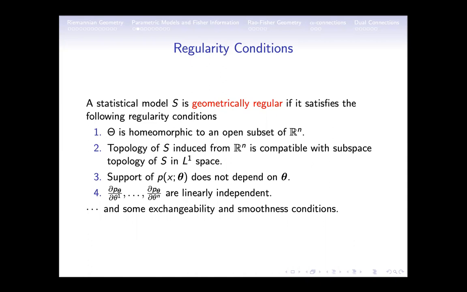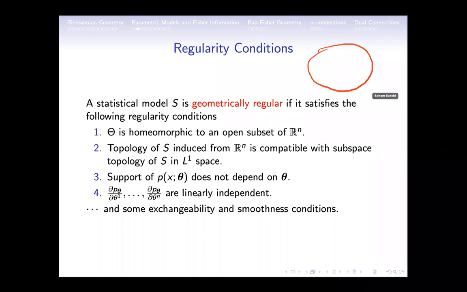And then we need the partial derivatives with respect to these theta i's to be linearly independent. These will be vectors, which can be thought of as tangent vectors. Let us see how we can look at a statistical model.